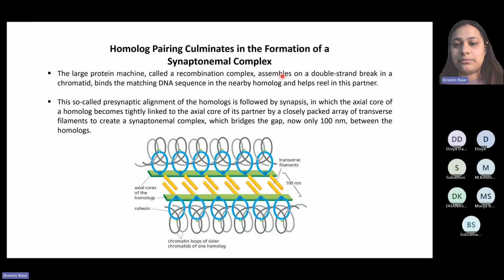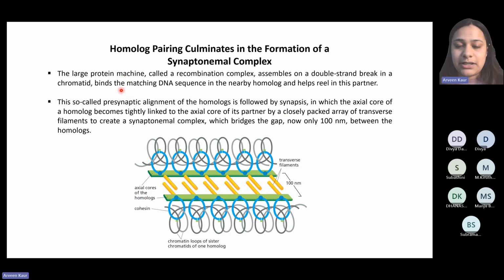Wherever there is a double-strand break, this large protein complex will come and sit on it in a chromatid, and it will bind the matching DNA sequences in the nearby homolog pair and help reel in its partner. So it will try to identify similar sequences where the breaks have occurred, and then bring it close by. This so-called presynaptic alignment of the homologs is followed by synapsis.